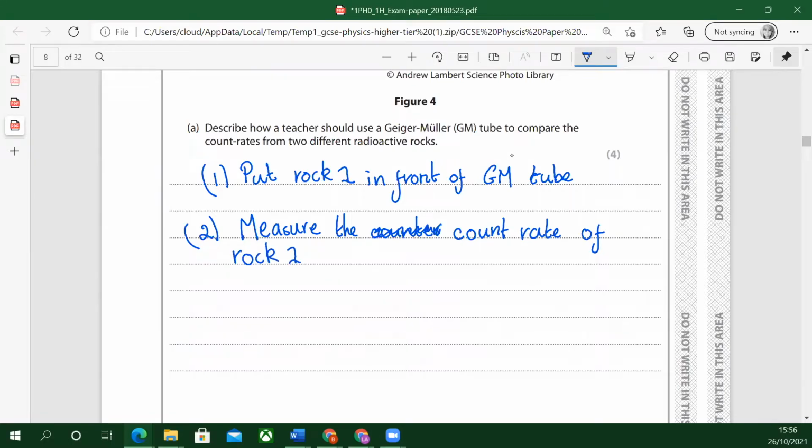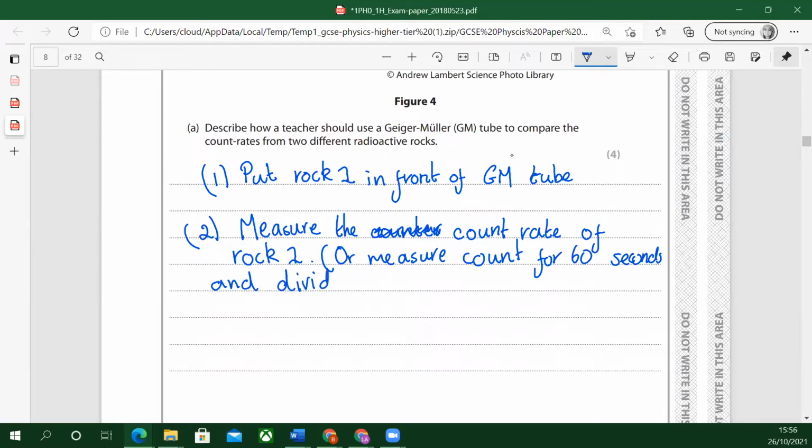Okay. So you can actually set the counter to measure the count rate, or you can measure how many counts and divide it by time. Okay, there's two things. You can either measure the count rate directly, or measure count for, for example, 1 minute, 60 seconds, the same as 1 minute, and divide by 60, so you get per second then.